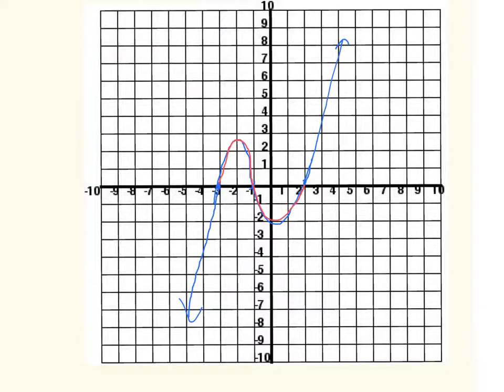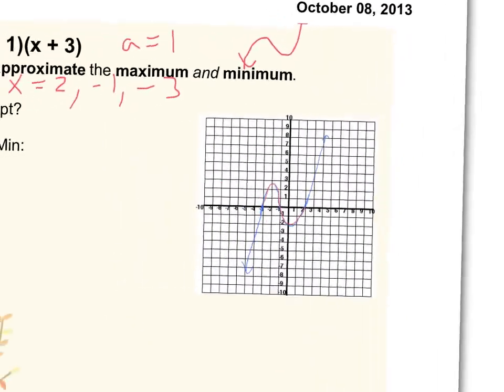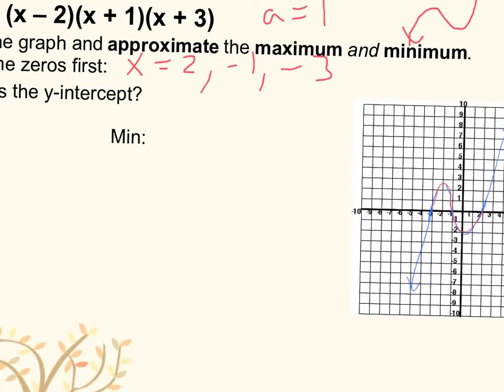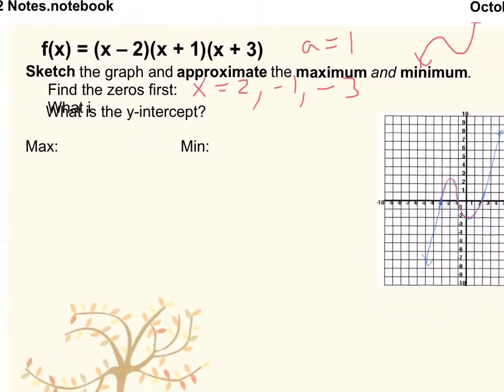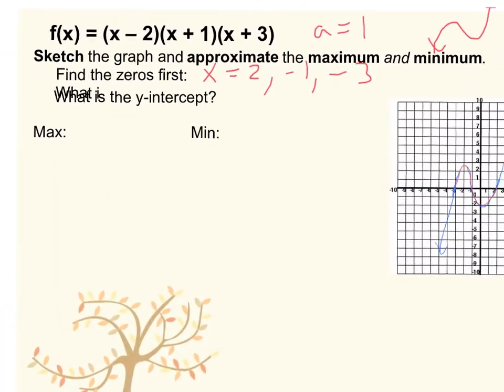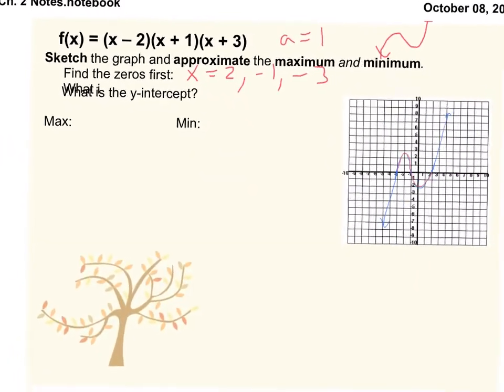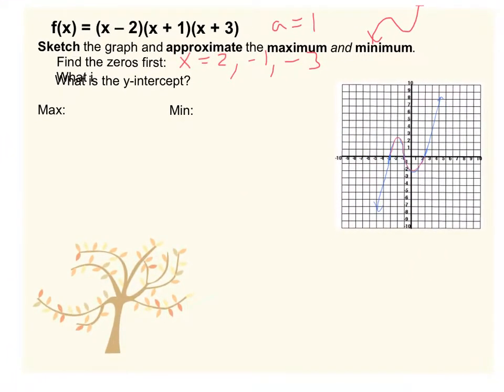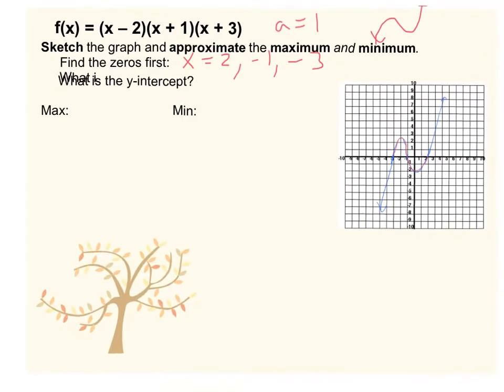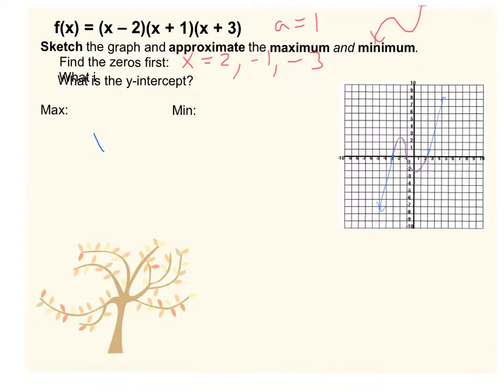What this shows me is if I were looking for a maximum, I've narrowed down the points I need to check. I can see that it hits that maximum between negative 3 and negative 1. I could think about this in a sense as my domain if I were trying to find the maximum.